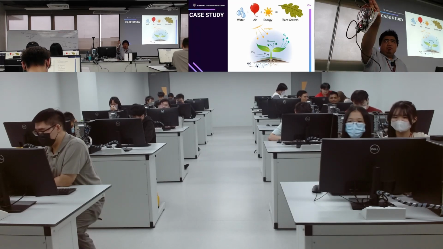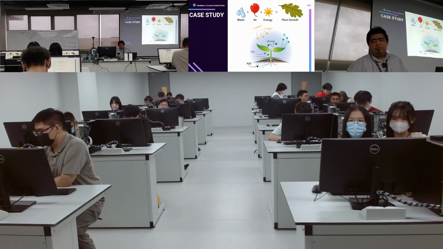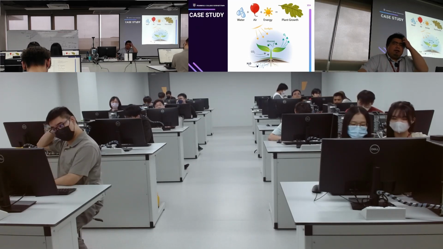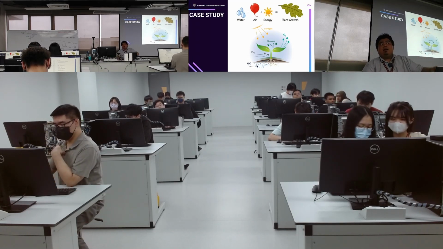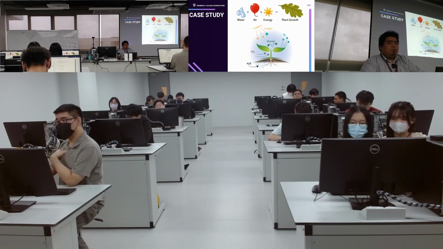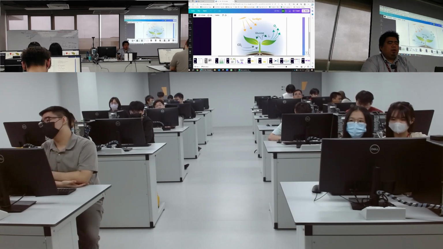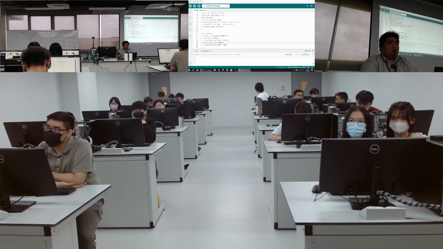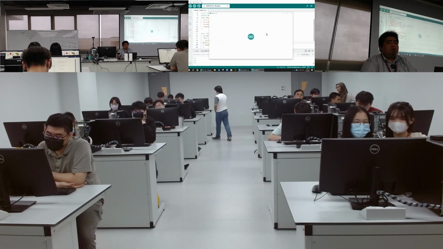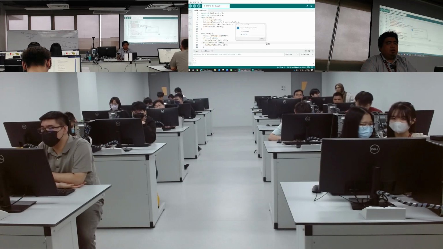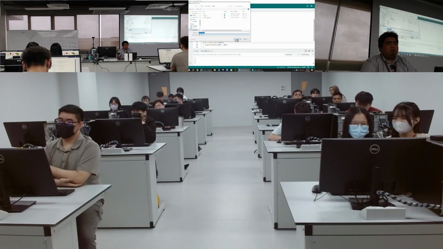Yang macam garfu fork ni, sensor water. Then the LDR to measure the light, the sunlight. Okay. So maybe we want to start with water dulu. Okay, you can save it.